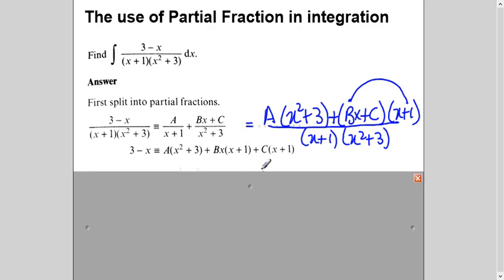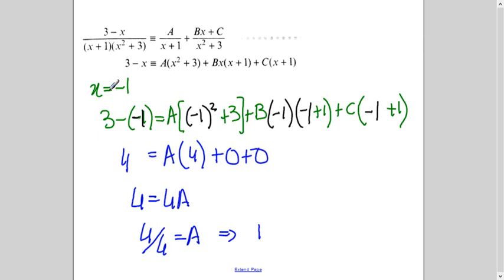So let's see how. If I substitute x equals minus 1 throughout this identity, it will be 3 minus minus 1. All the black minus 1s are replacing x, you can see here in this equation. After that, it is a simple calculation.